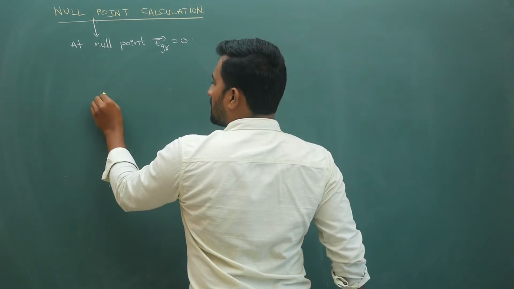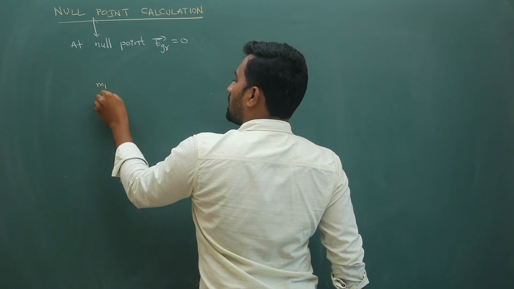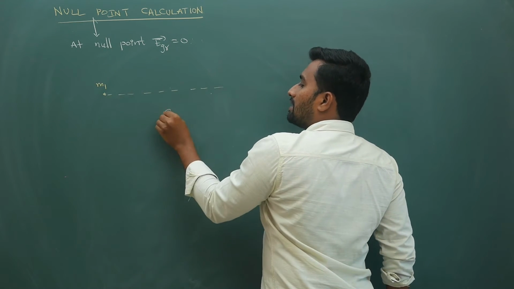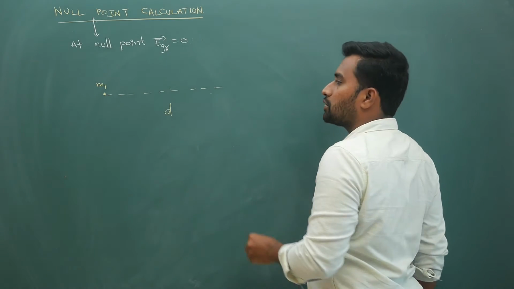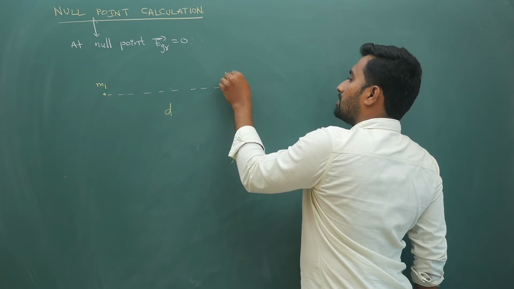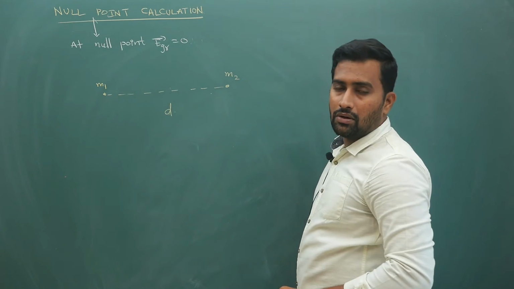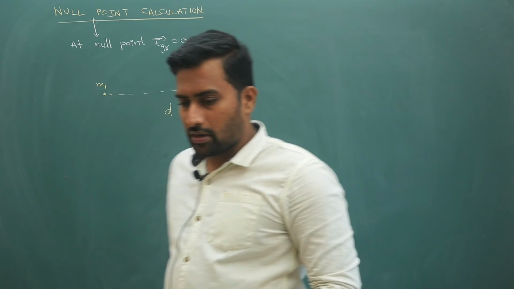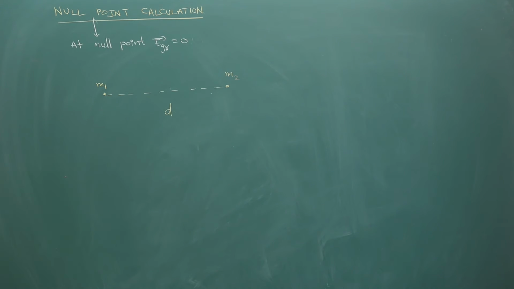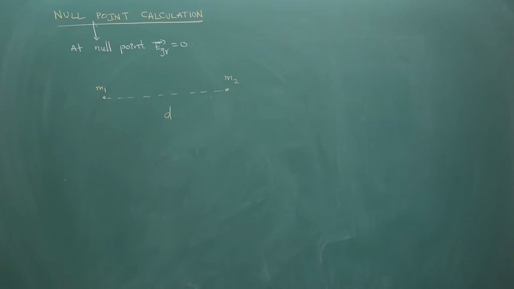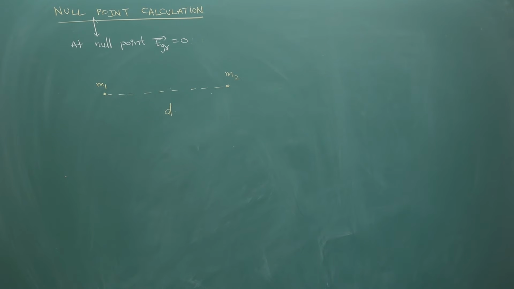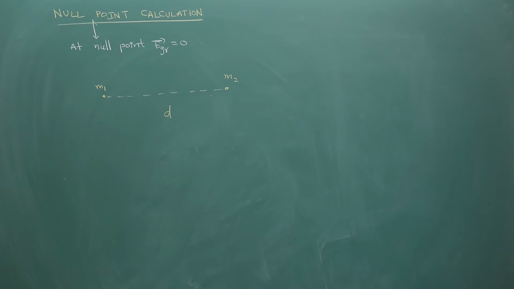Now let us say you have a point mass m1 here. Let us say the distance is d between these two and this is m2. Now you are supposed to identify a point where your field is 0.